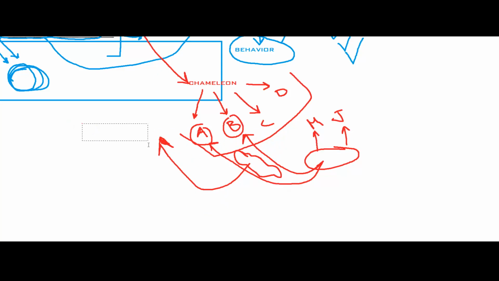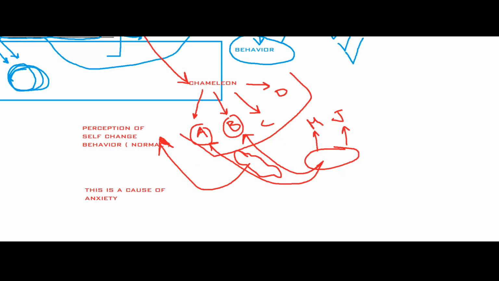So let me write this down to make it clear. You have a perception of self-change behavior, which is normal. But for a borderline, this is a cause of anxiety for the borderline person.